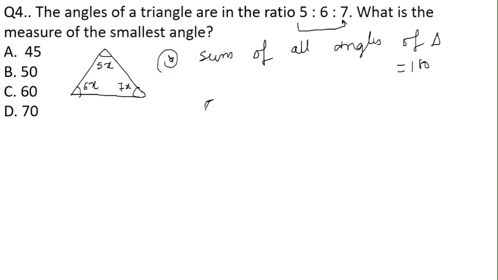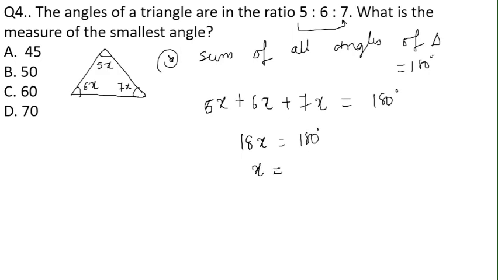So I'll take the sum of all the angles, that is 5x plus 6x plus 7x equals 180 degrees. So 5x plus 6x plus 7x gives 18x equal to 180 degrees. So the value of x will be equal to 10 degrees.